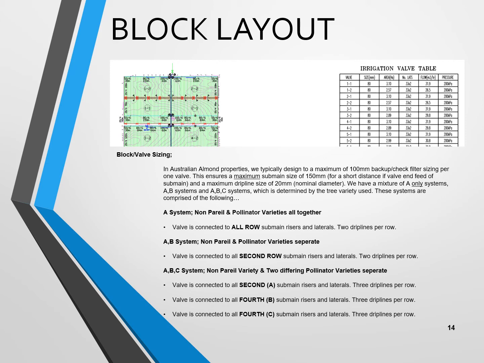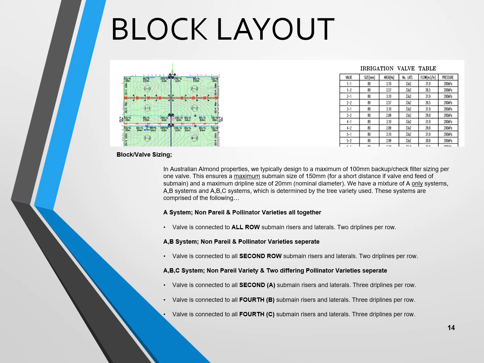In an A system, a valve is connected to all the rows, submain risers and laterals, with 2 drip lines per row. In an AB system, one valve is connected to all second row, submain risers and laterals, with 2 drip lines per row.